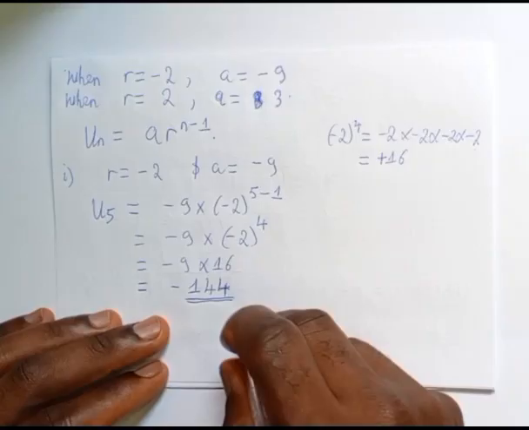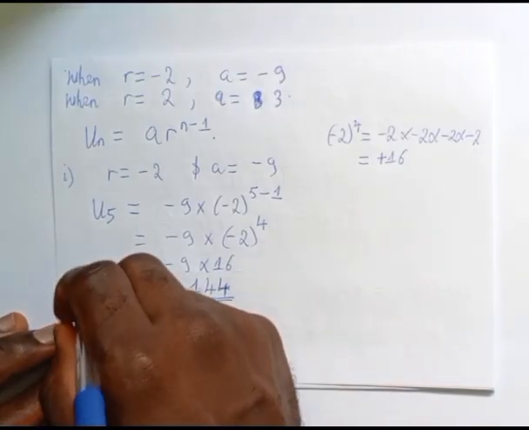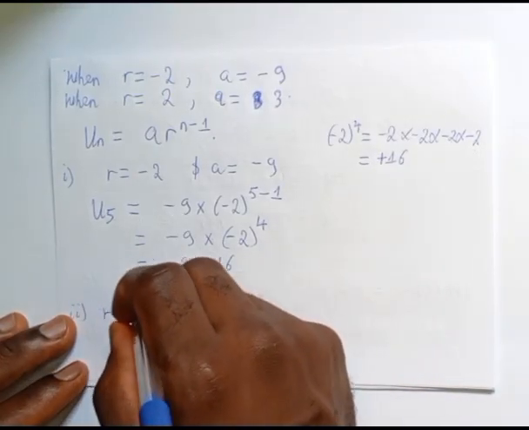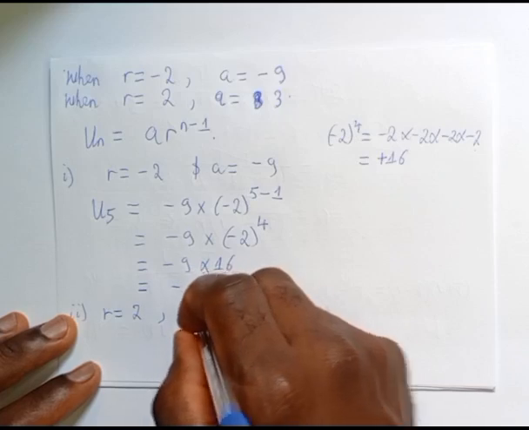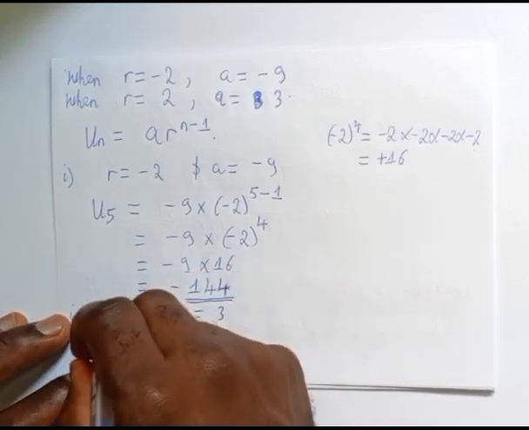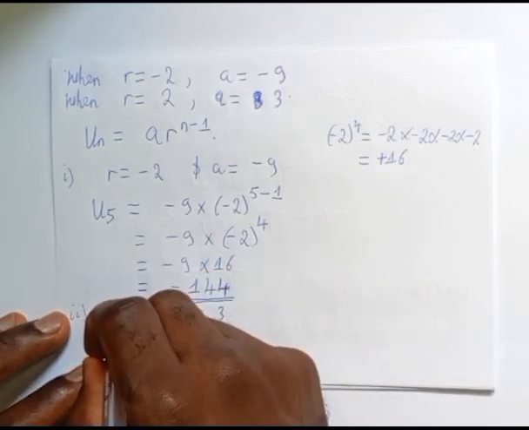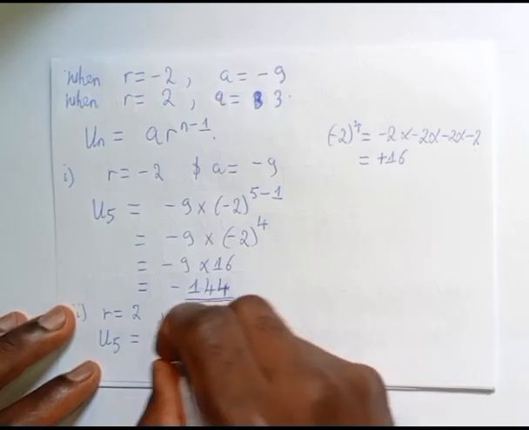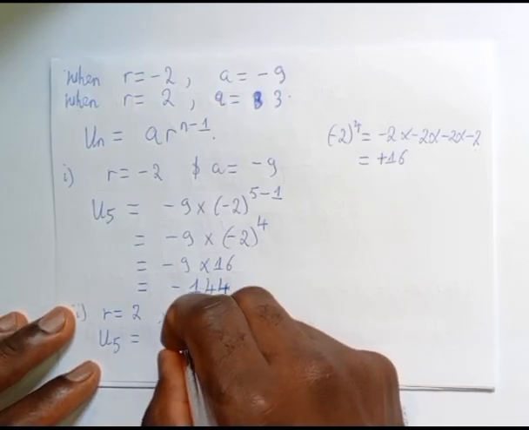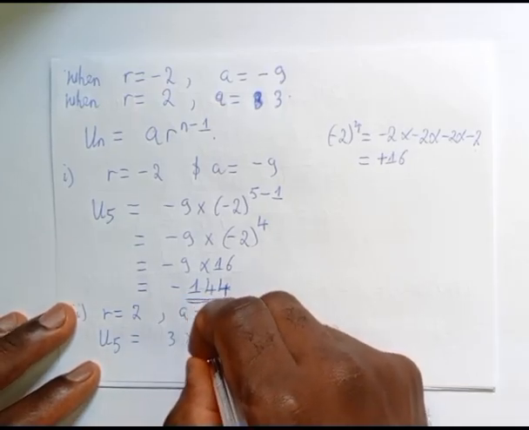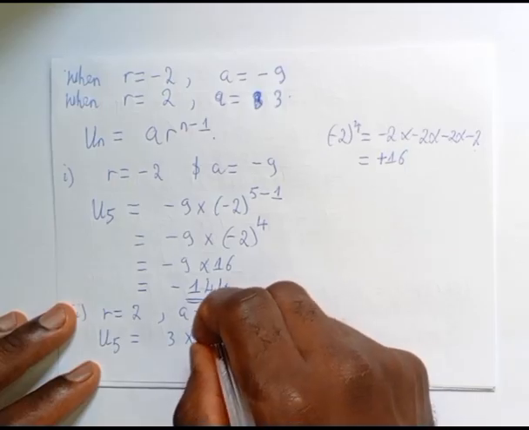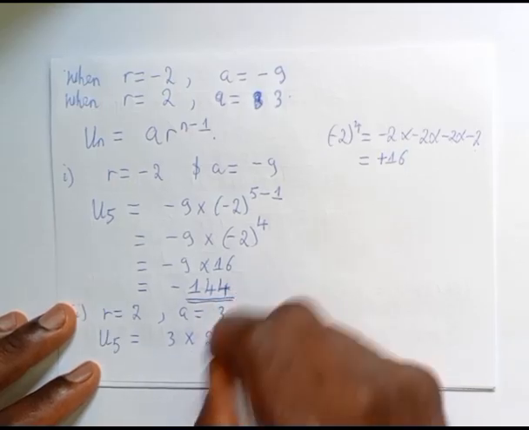We underline it. We go to 2, for r equal to 2, a is equal to 3. The fifth term, u5, will simply be equal to a, which is 3, times r, 2, raised to the power 5 minus 1.